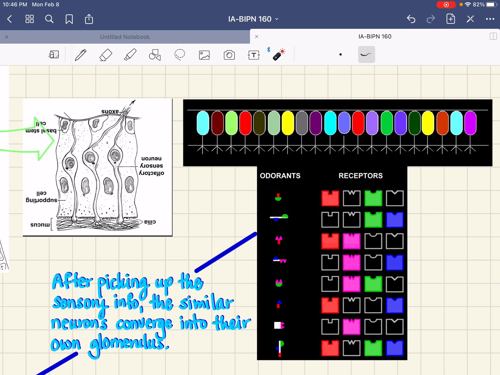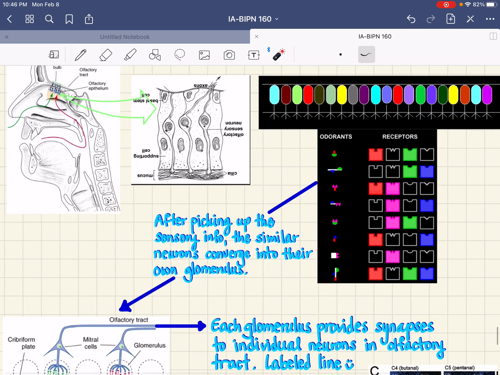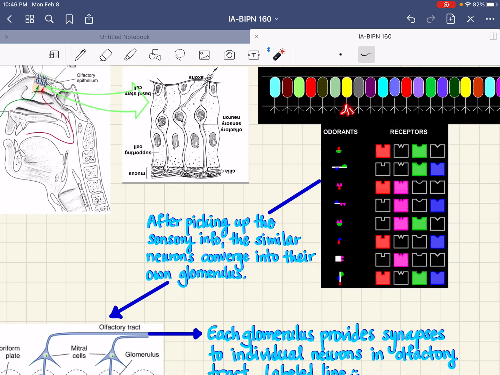Then let's follow the arrows that I have here. After picking up the sensory information through the cilia, the neurons that look similar to each other, meaning that they have the same receptors on them, converge into their own glomeruli.